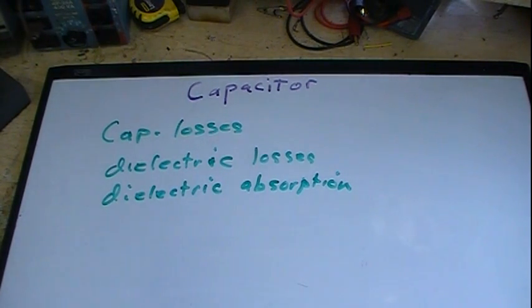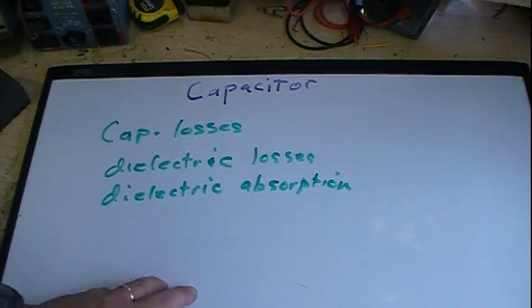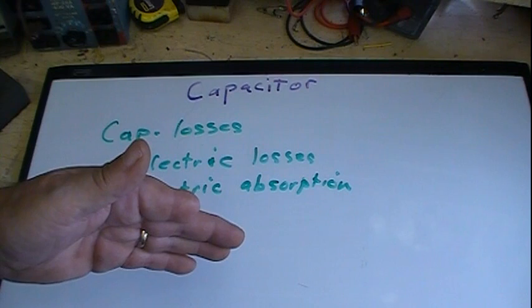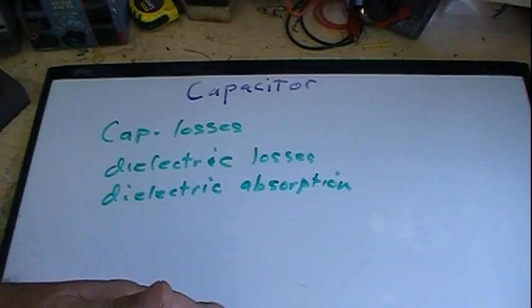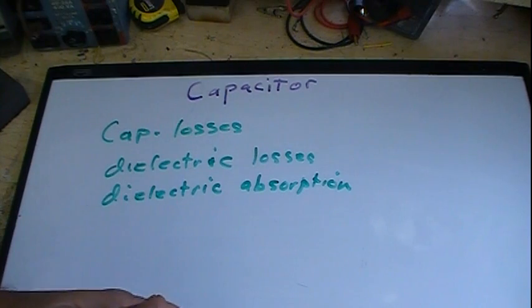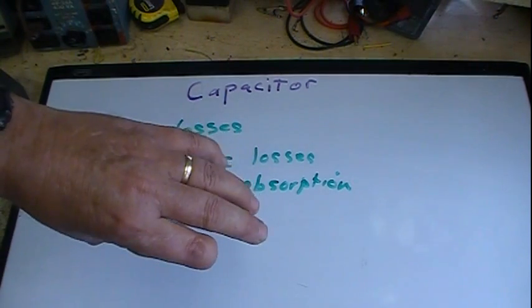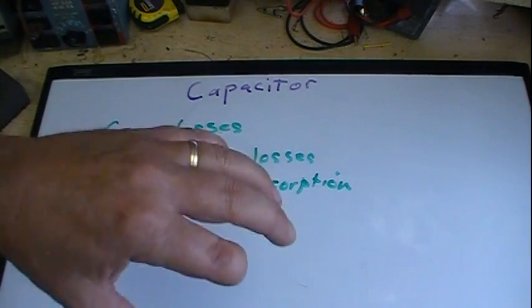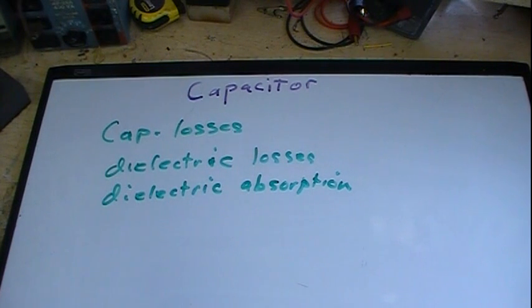And that goes back to where we started, where the electrons move to one side of the atom nearest the positive plate and away from the negative plate. That's all fine and dandy, but they don't like moving very quickly. In fact, the higher the dielectric constant is, the slower they are to react. Once they move, they like to stay there, and then it can be a long period of time for them to very slowly pull back to their normal position.